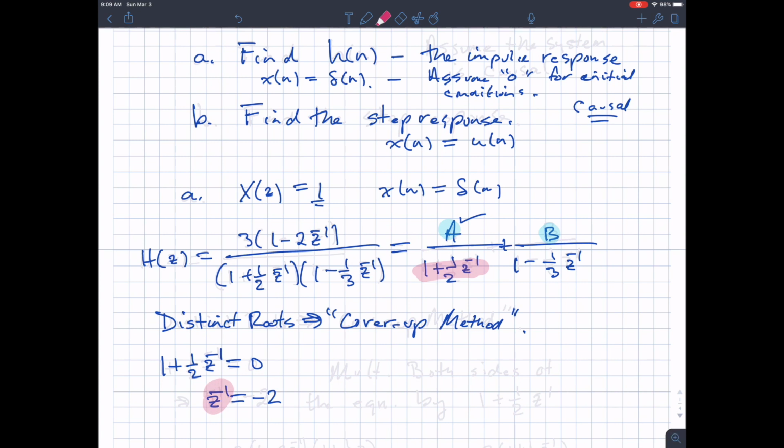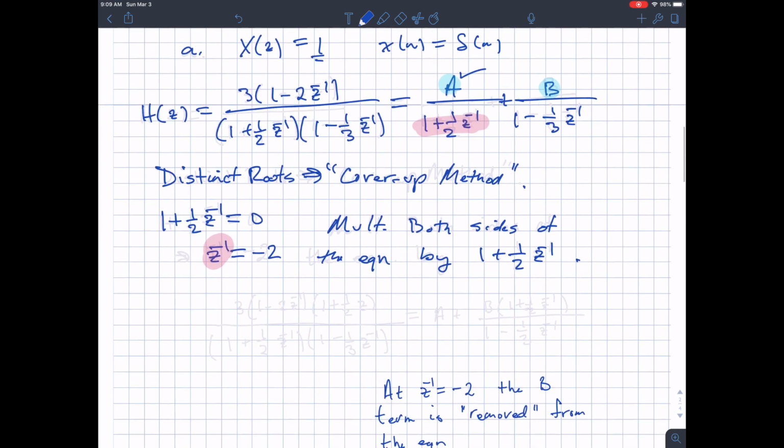I think of z to the minus 1 as its own separate entity. So from there, what I want to do is multiply both sides of the equation by that denominator term. That's part of the cover-up method.